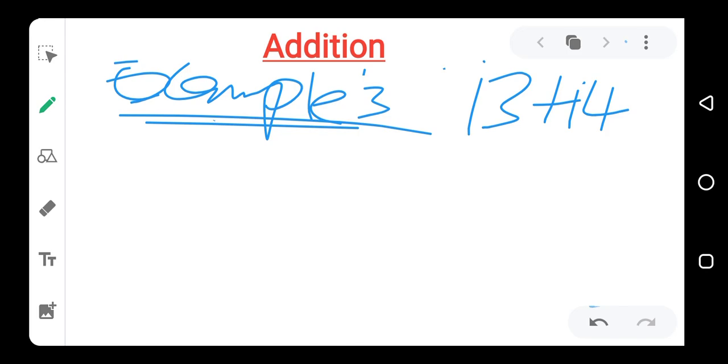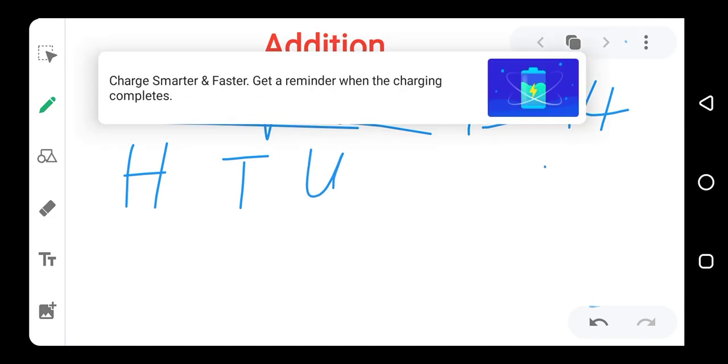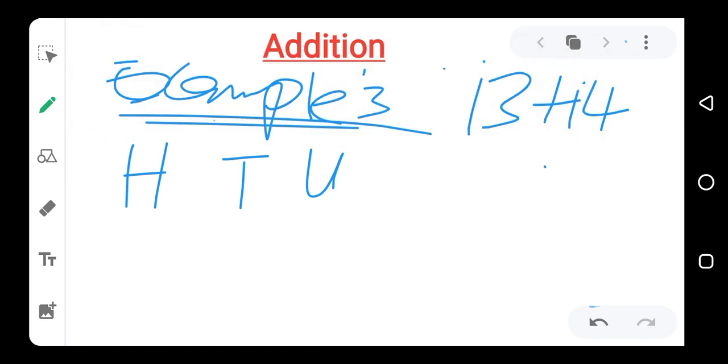Now what we are going to do, the first thing, we write our hundreds, tens and units. The first one is 13. 13 has 2 digits, so we put one under units and another one under tens. The first one is 3. We write it under units. The second one is 1, so we write it under tens.